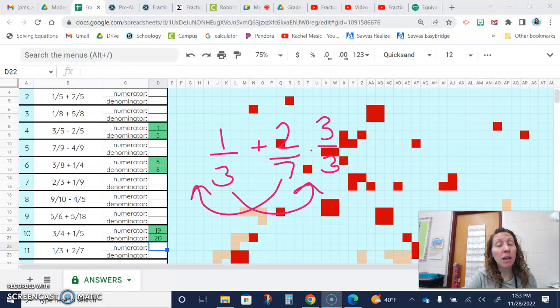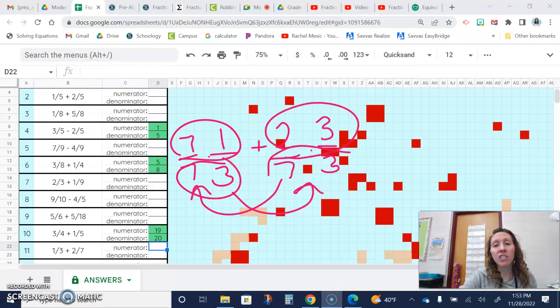And I'm going to multiply 1/3 by 7/7. Okay, so you're going to rewrite this fraction here, then rewrite this fraction, and then add them. And then just remember to pay close attention to the sign because sometimes it says subtraction and we accidentally add. So just be careful on that.